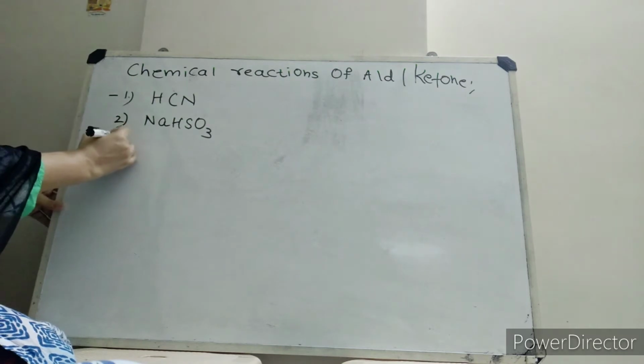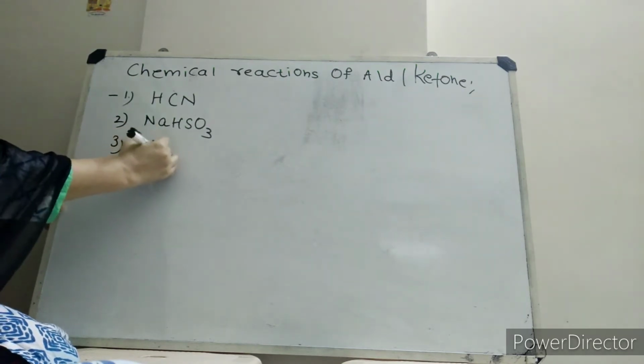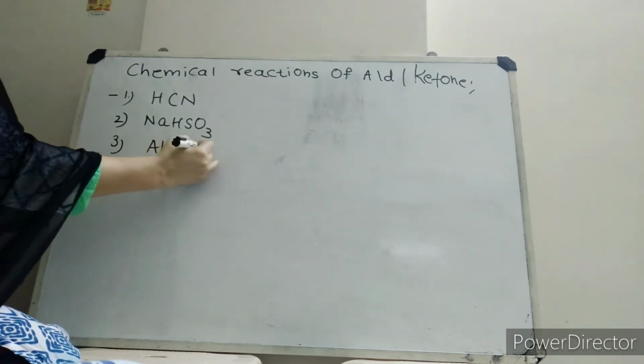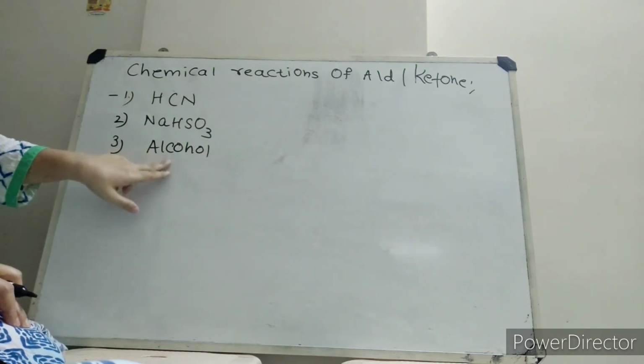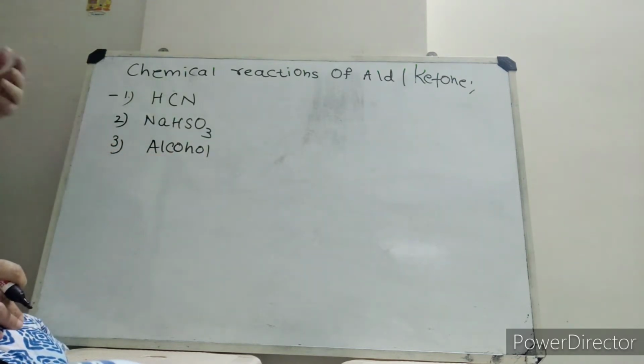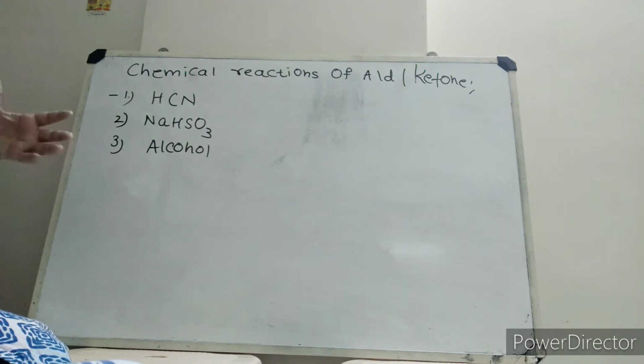Third reaction, it is with alcohol. It is a two-step reaction. In the step 1 we are getting hemiacetal, and in the step 2 we are getting the acetal. It means 2 times we have to add the alcohol in aldehyde.